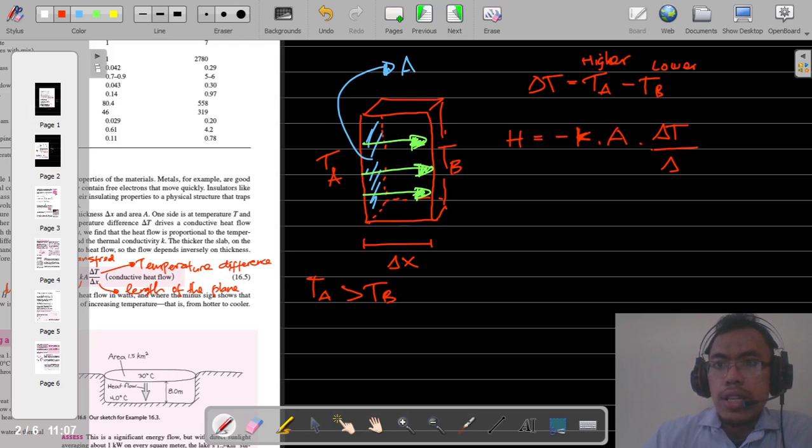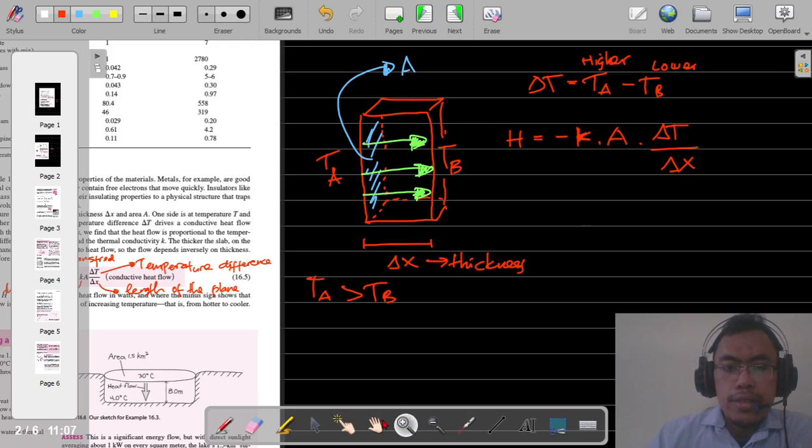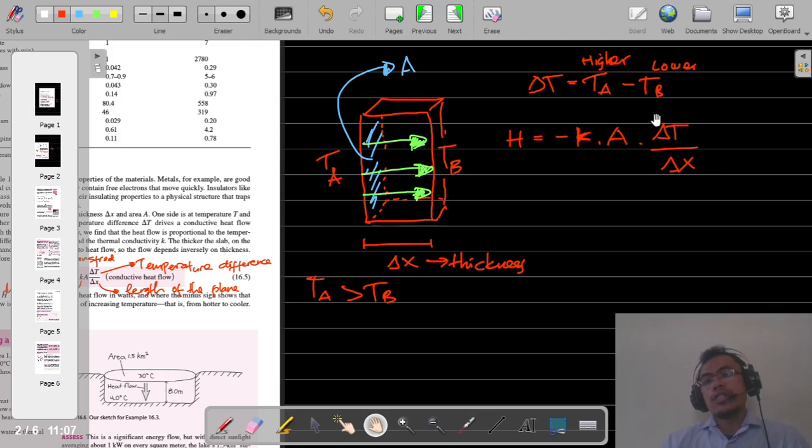And delta X is the thickness of the material. You can just calculate this using basic multiplication operations.